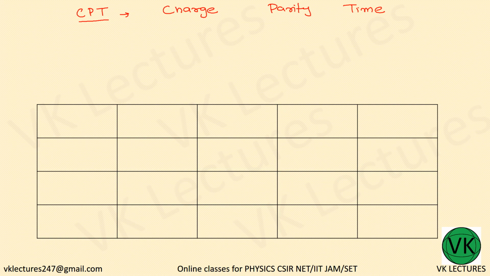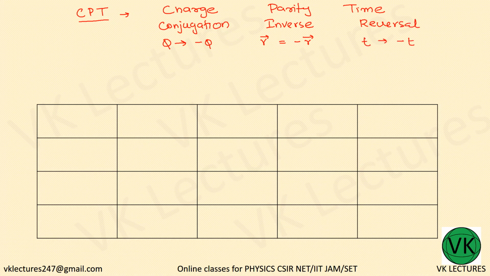Charge conjugation is the conjugation of charge, where Q changes to minus Q. Parity inversion is where R, the position, changes to minus R, and time reversal is where T changes to minus T. So when Q changes to minus Q on charge conjugation, the reaction should be conserved.